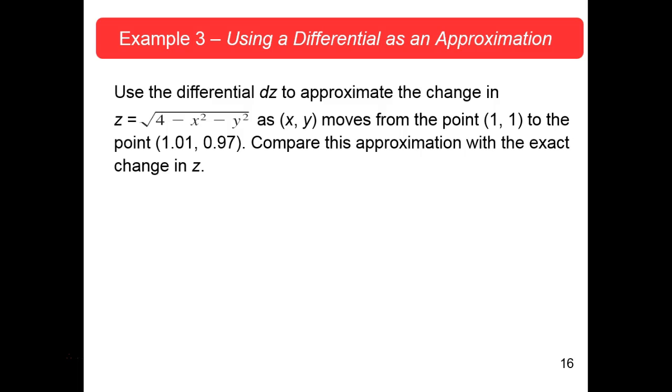So notice your change of x is 0.01, your change of y is negative 0.03. Okay? And compare that approximation with the exact change in z. Okay? So let's first do our dz. And how did we define dz?